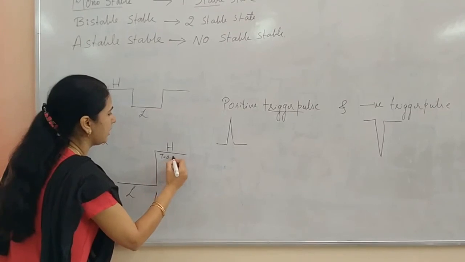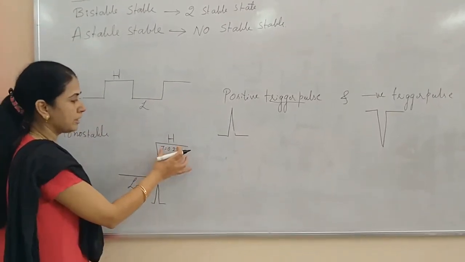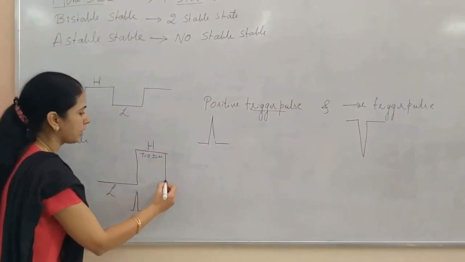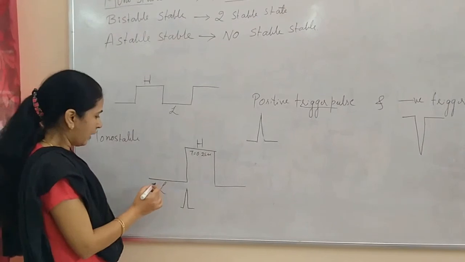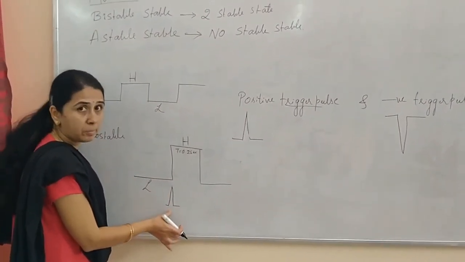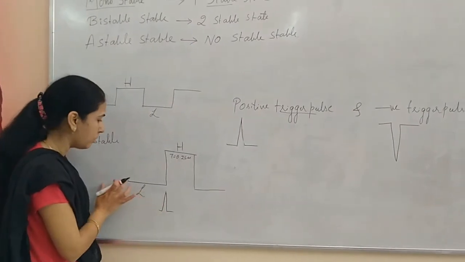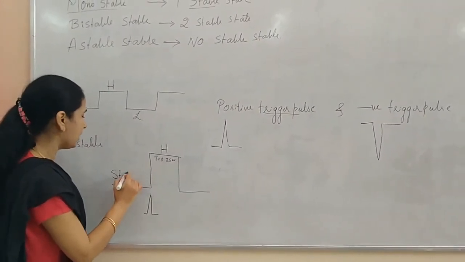Let me fix the time as t equal to 0.2 second. As soon as the time elapses, it immediately makes the transition to the low state. That means it remains in the low state forever until we give a trigger pulse. If I don't give a trigger pulse, it will remain in the same low state forever. This state is called a stable state.